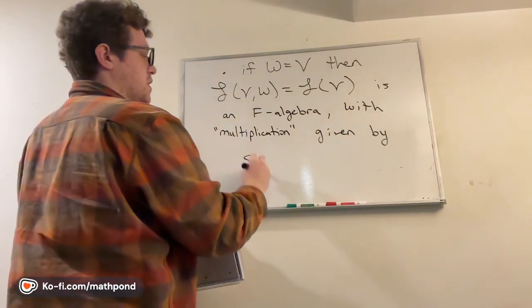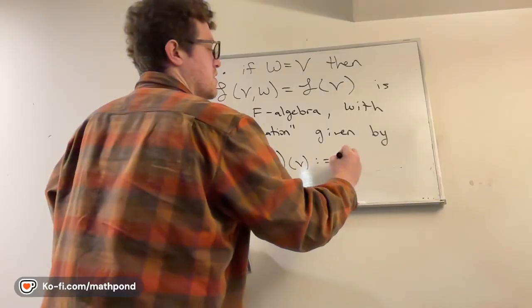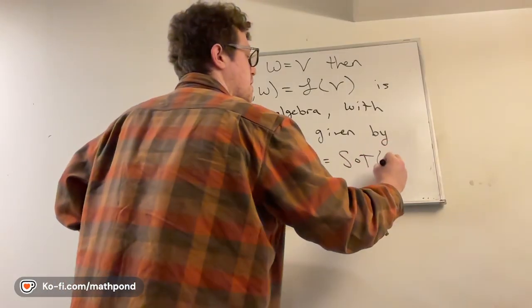So if I take two linear maps, ST of V is just S composed with T of V.